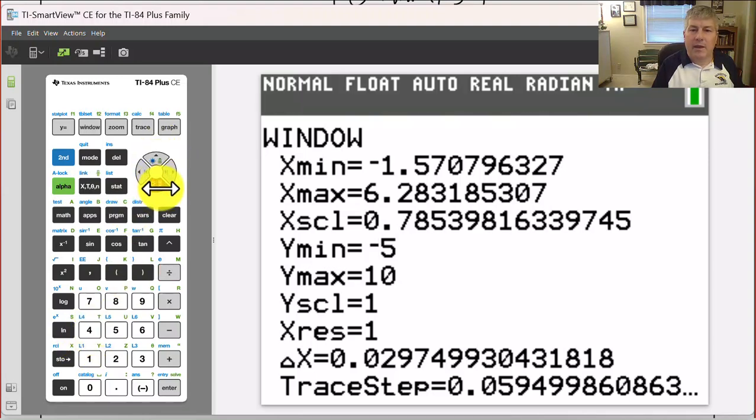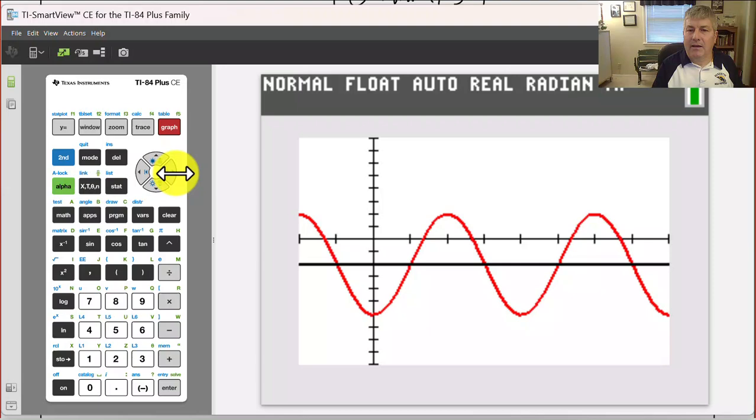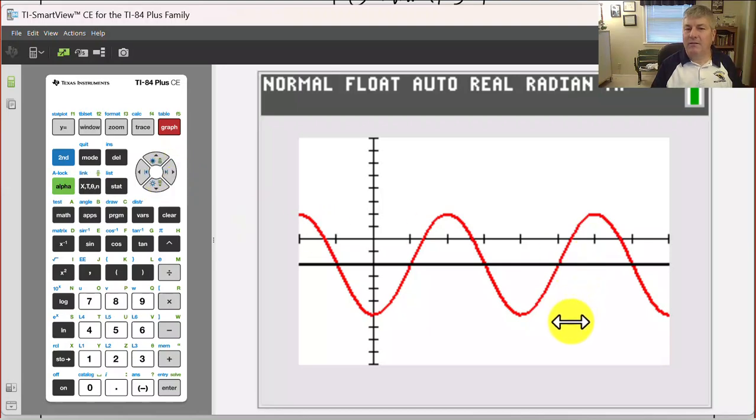And then for my y's, I'm going to go from like -10 to about 8, and we'll count by ones, and we'll go ahead and graph that. And there are two functions, and everything works out, and it matches up with our other graph.